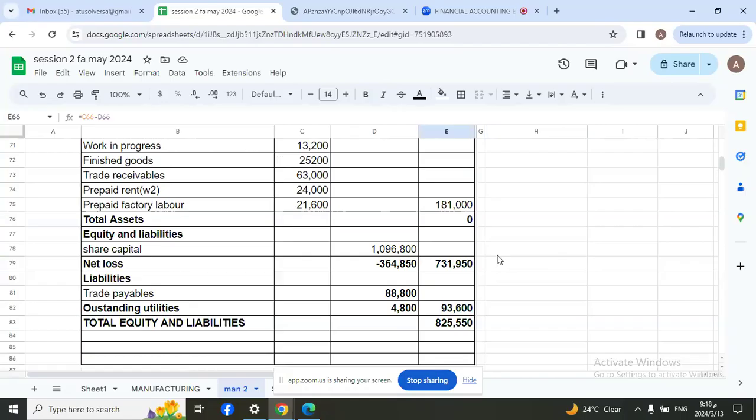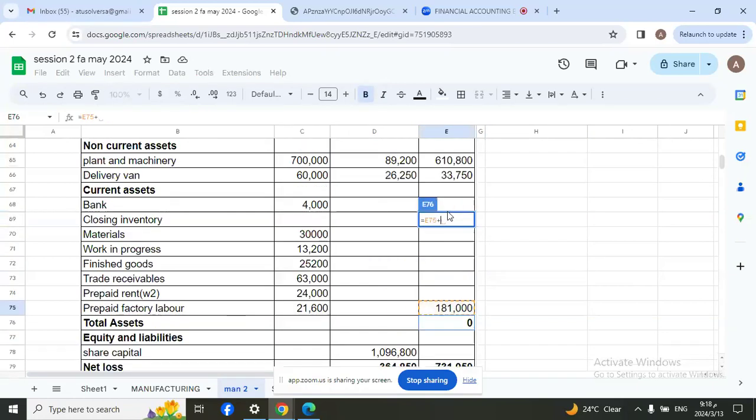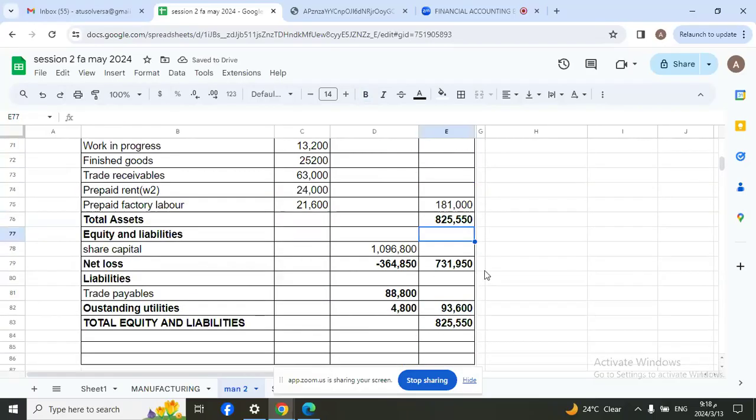Maybe let's first add the total current assets: this one plus this plus this. Okay, yeah. So it is 825,550.